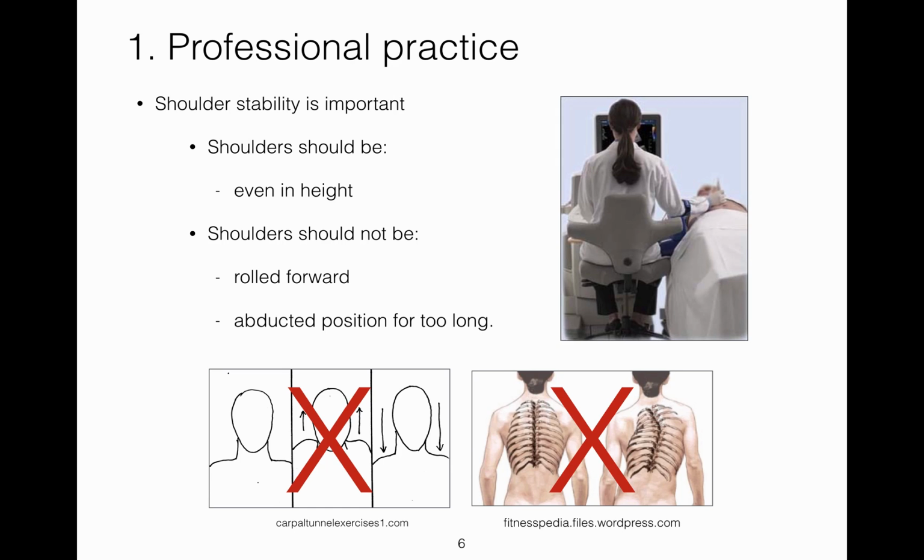Shoulder stability is important. The shoulders should be kept as close as possible to a neutral position. That is to say, they should be even in height. They should not be rolled forward or in an abducted position for too long.